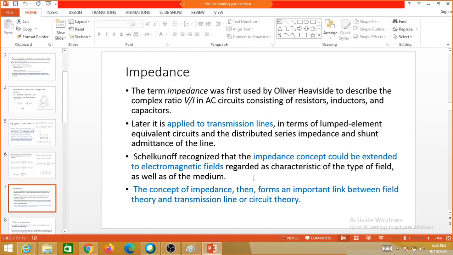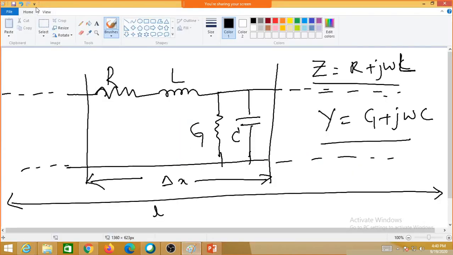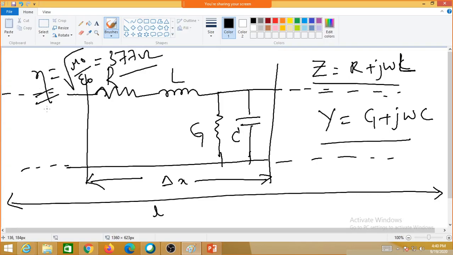For free space, it is defined in terms of material parameters as the square root of mu naught by epsilon naught, which has a value of 377 ohm. So this is also an impedance value.